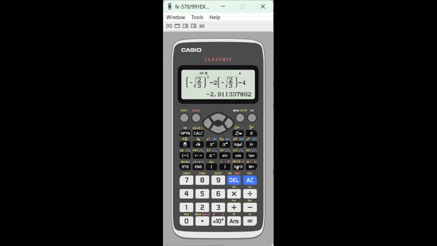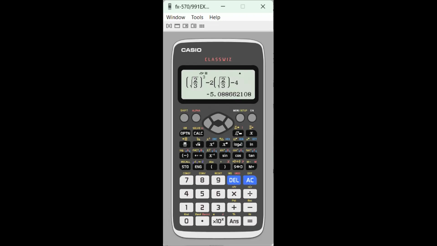And when we go to the other one, if we are to change that, it's giving us negative 5.089.